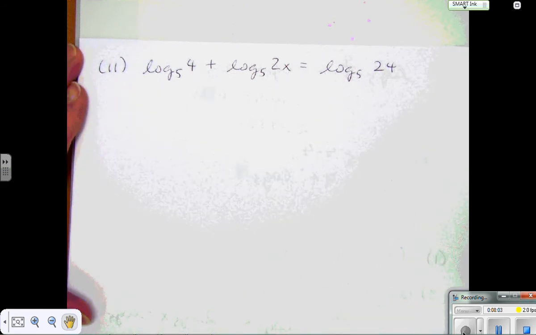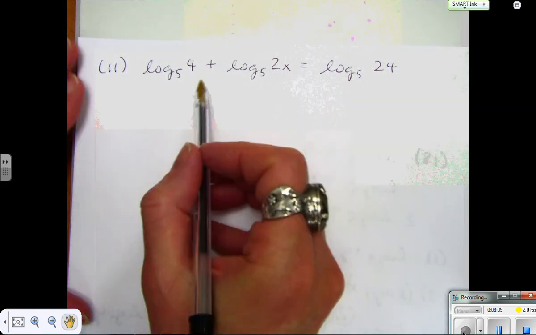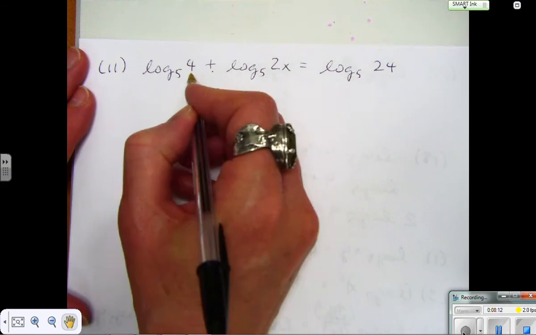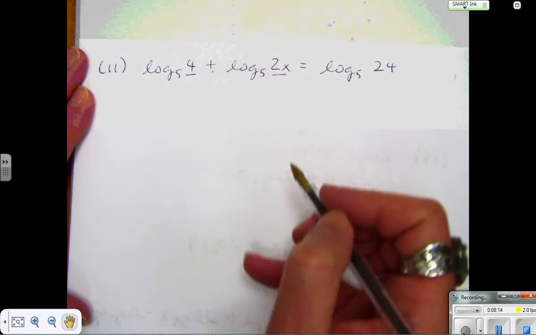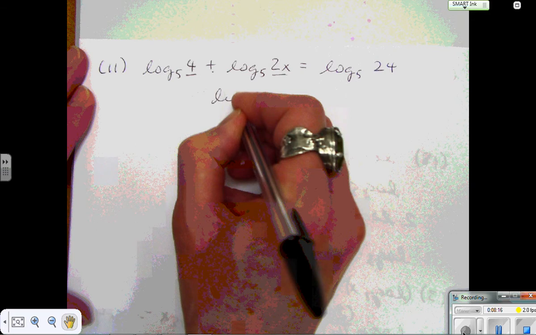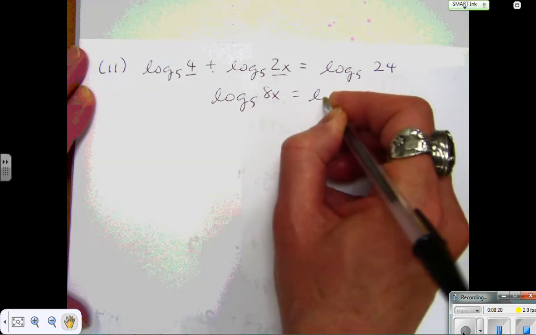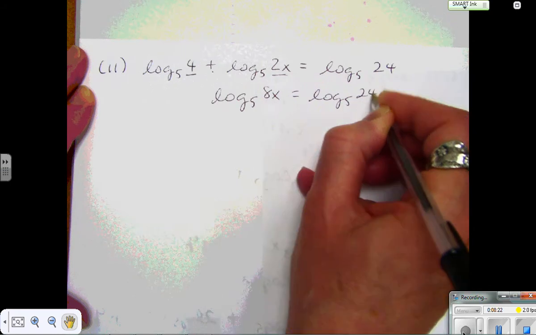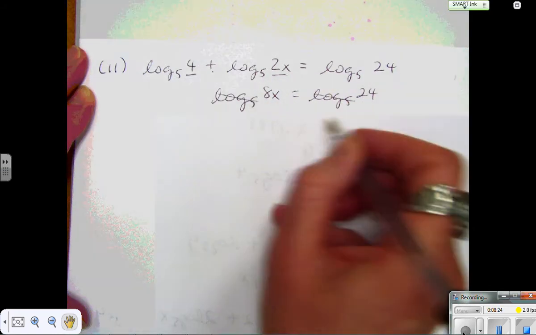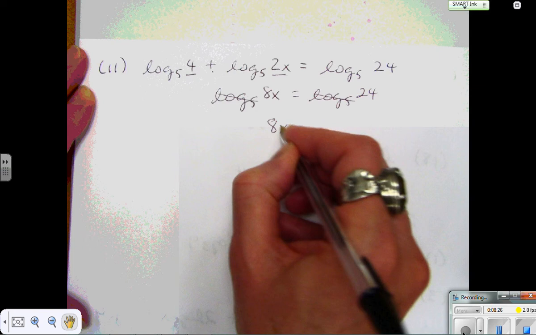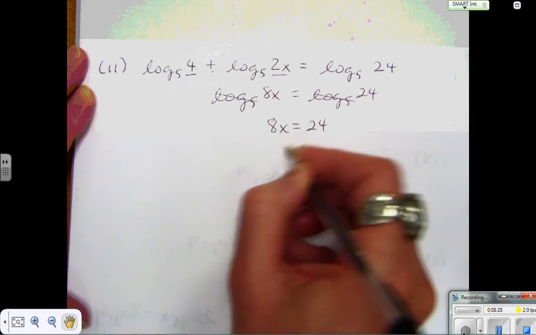I want to simplify it so that there is only one logarithm on either side of the equal sign. On the left side, since they're being added together, I'm going to multiply the factors 4 and 2x, and that gives me log base 5 of 8x equals log base 5 of 24. Your logarithms are going to reduce out, so you have 8x equals 24, and x is going to be 3.